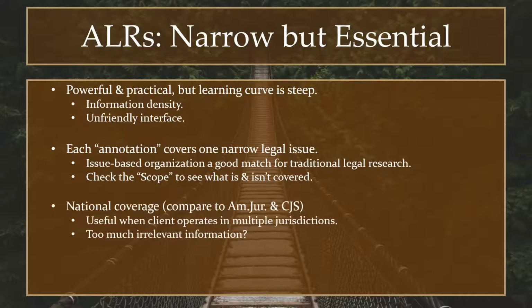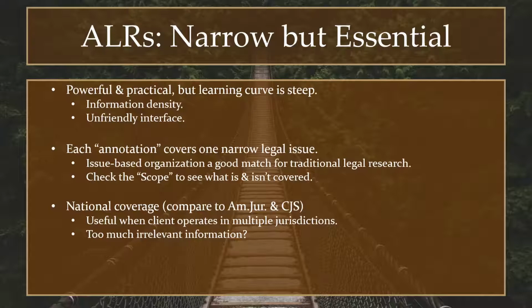Now, for each annotation, ALRs will give us national coverage, all 50 states. In this respect, it's similar to our national legal encyclopedias that we've looked at, like AmJur and CJS. And this makes ALRs a useful tool for finding persuasive authority in the sense of cases from outside of our particular jurisdiction.